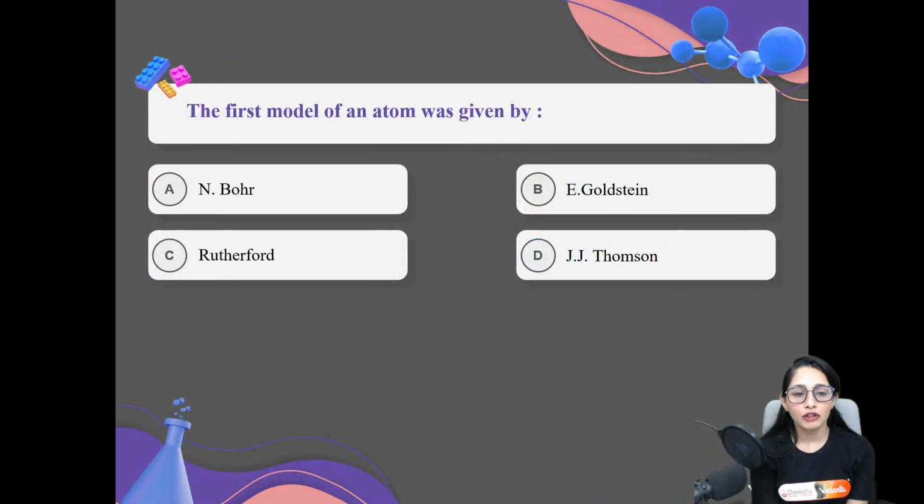Moving on, the first model of an atom was given by: Niels Bohr, Ernst Goldstein, Rutherford, J.J. Thomson. Who was it? Yes? Tell me the answer.